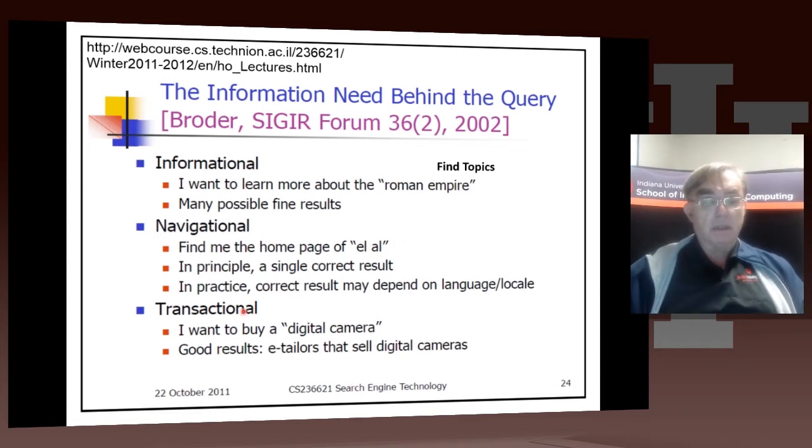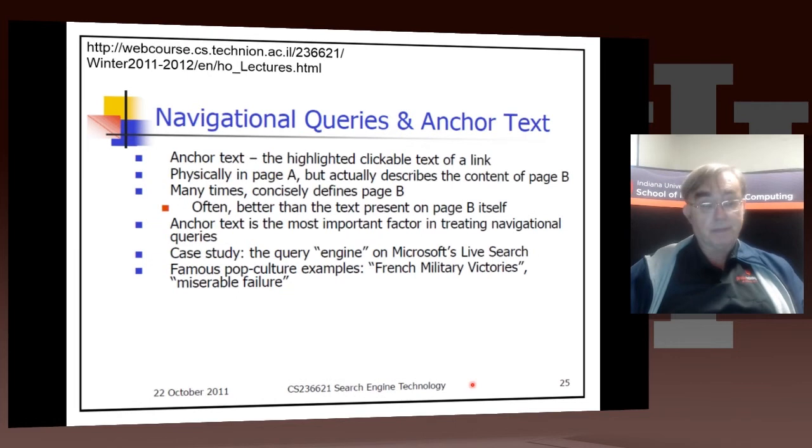And another example here is I want to buy a camera or a battery or something like that. So you want to find results which are people that sell cameras. So you have to try to look at what's typed in and ask what the user really wants.